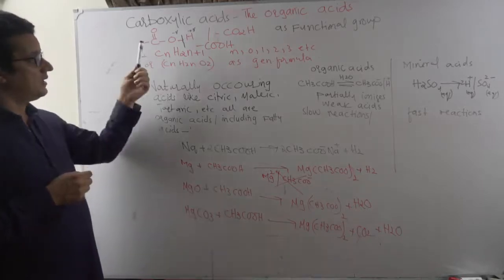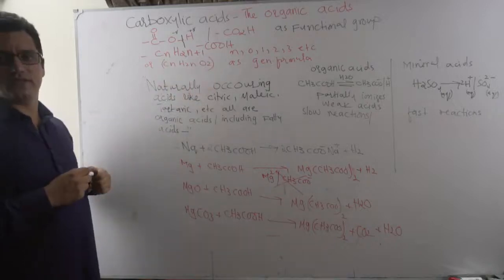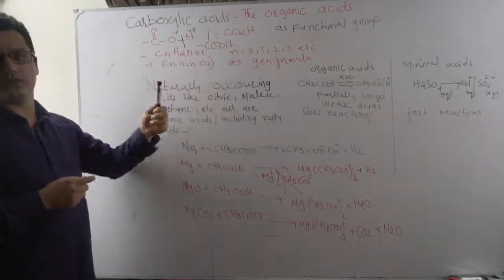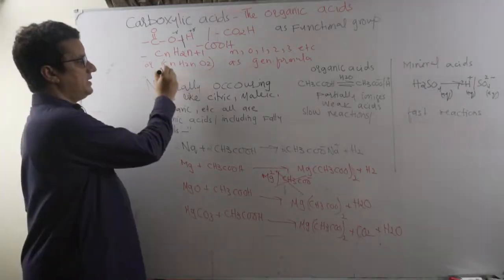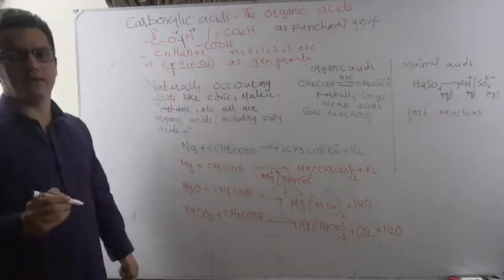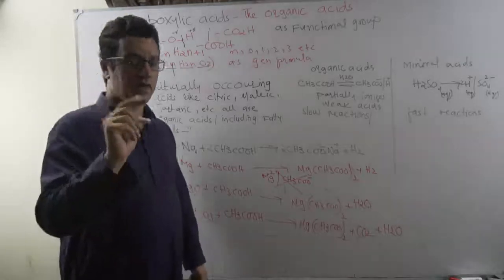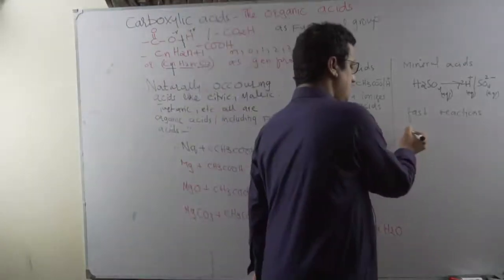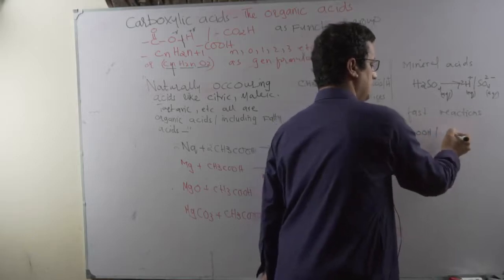The general formula is CnH2n+1 carboxyl as a functional group, where n may be 0, 1, 2, 3; n may be 0 for methanoic acid. Another easy formula to apply is CnH2nO2, where n stands for the number of carbon atoms. If you want to produce the first member of the carboxylic acid family, it should contain one carbon, methanoic acid.